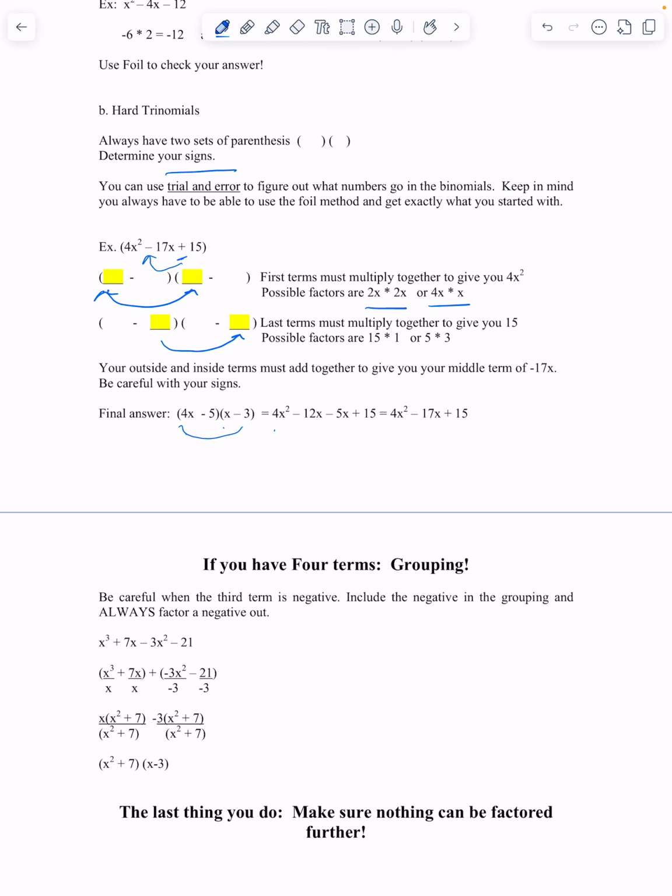A minus 3 times 4x gives me the negative 12x. Negative 5 times x is negative 5x. And last, negative 5 times negative 3 is positive 15. And when you add your like terms together, negative 12 and negative 5, you get negative 17. You always want to make sure that when you multiply it back out, you get exactly what you started with.